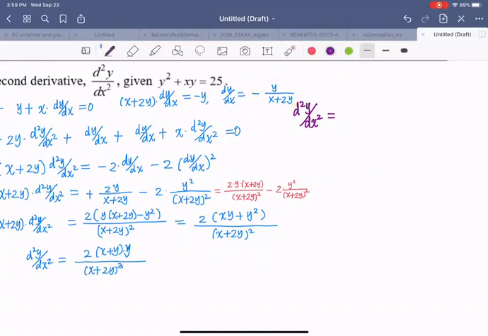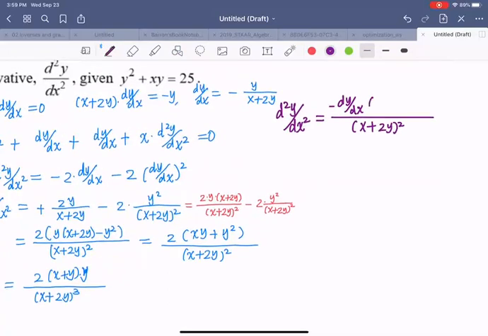So we are going to use this quotient rule. Quotient rule is saying you do your denominator times derivative, denominator squared. Remember the quotient rule, that's x plus 2y squared. Then the top one derivative, this top one derivative is negative dy over dx, right?